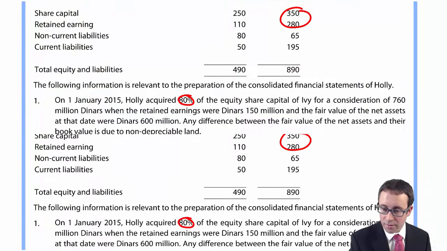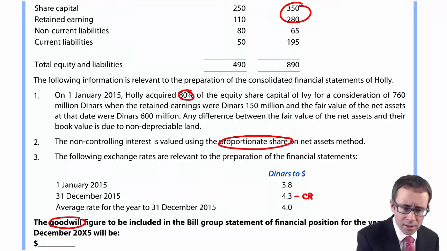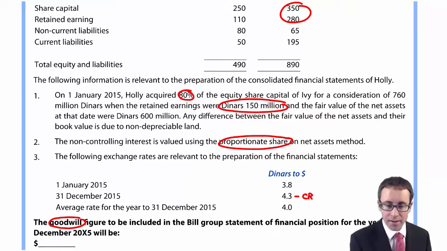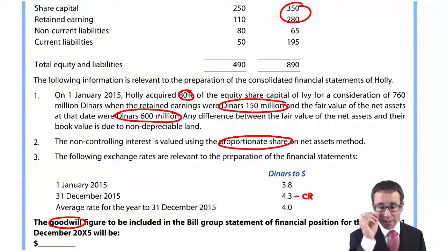Usually the additional information reveals that. So on the 1st of January, we bought 80% of the share capital for a consideration of 760 million dinars. The retained earnings were 150 million, and the fair value of the net assets was 600 million. Any difference between the fair value and their book value is due to non-depreciable land.